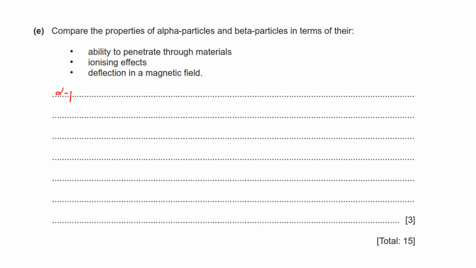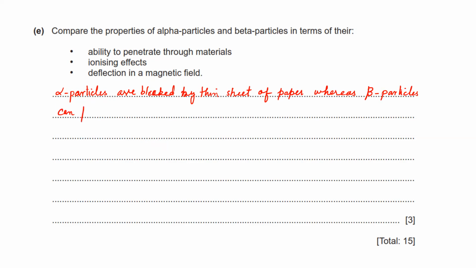So alpha particles are blocked by a thin sheet of paper, whereas beta particles can pass through these and can be blocked by a sheet of aluminum.